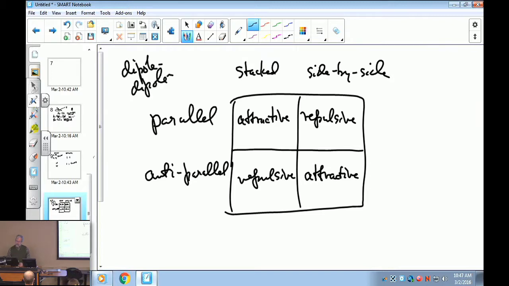So this is a pair of dipoles, one in the vicinity of the other one. And so we're going to come back and remember this table. Okay, any questions about dipoles? It's kind of neat to see it all in one place.